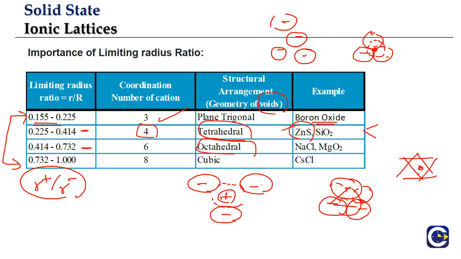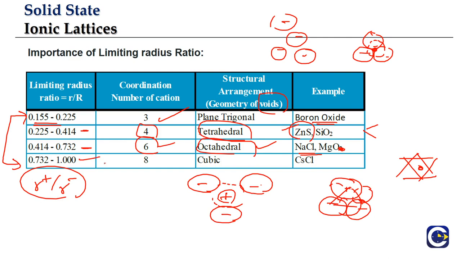So in between the core of these 6 anions, we'll have the octahedral void, and inside this if you are keeping a cation, it will be surrounded by how many anions? 6 anions. So sodium chloride, magnesium oxide, they will be the examples of compounds that will have this geometry. So the coordination number in this case will be what? 6. This is what we also commonly call the rock salt structure.